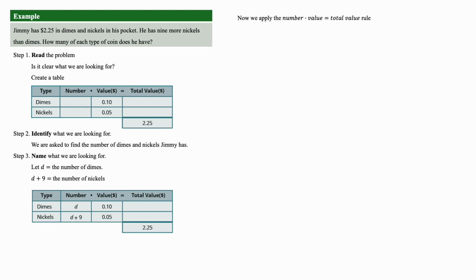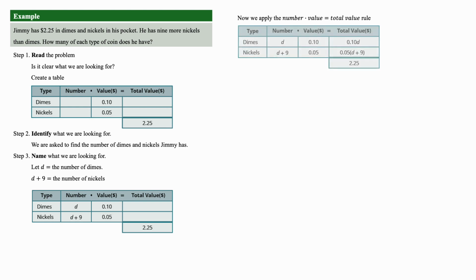So now we apply the number times value equals total value rule, where we get in the last column 0.10D, and in the second row, we have 0.05 times D plus 9, and in total, that's going to equal $2.25 in the end.